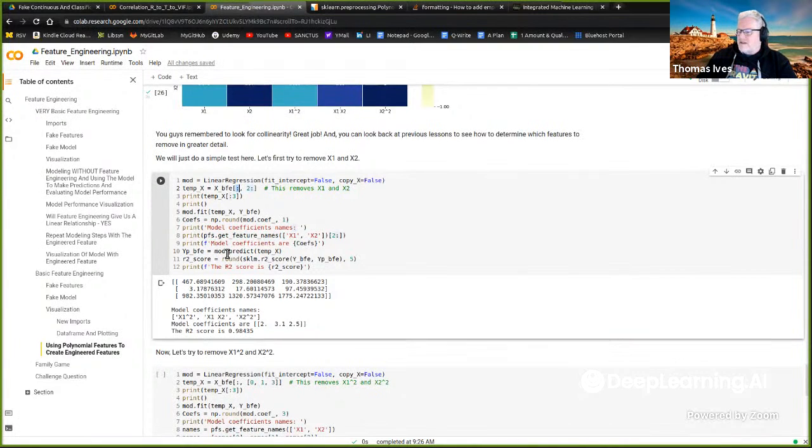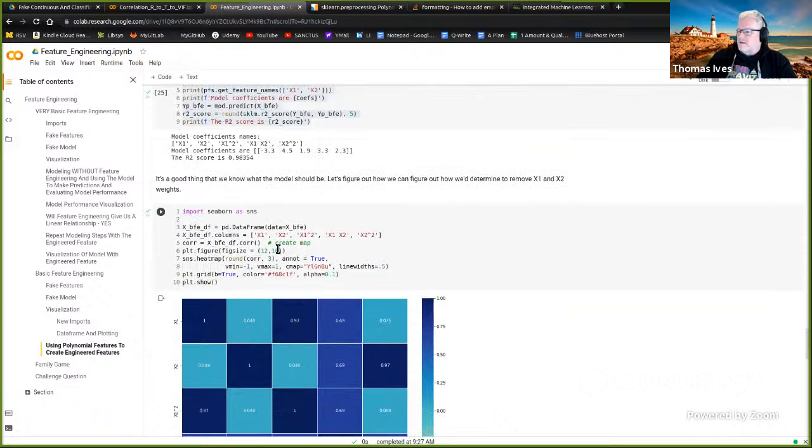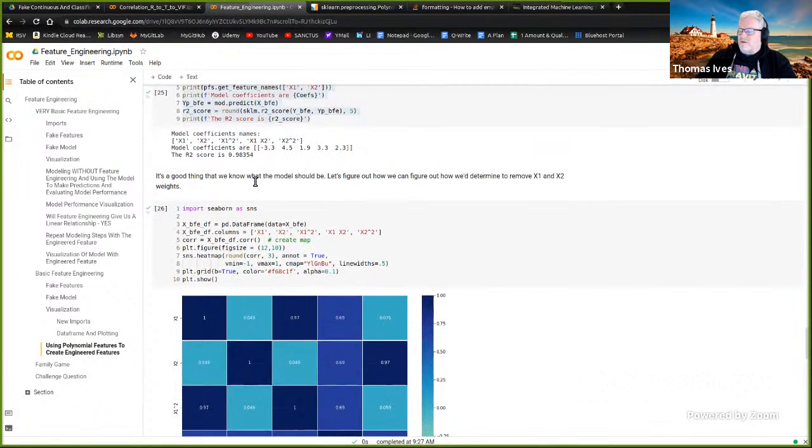All this is just fancy stuff to help us visualize what we're doing. And so with X1 and X2 removed, we get 0.98351. Let's just look up. What was it with all of it? This is a little higher, 98354.